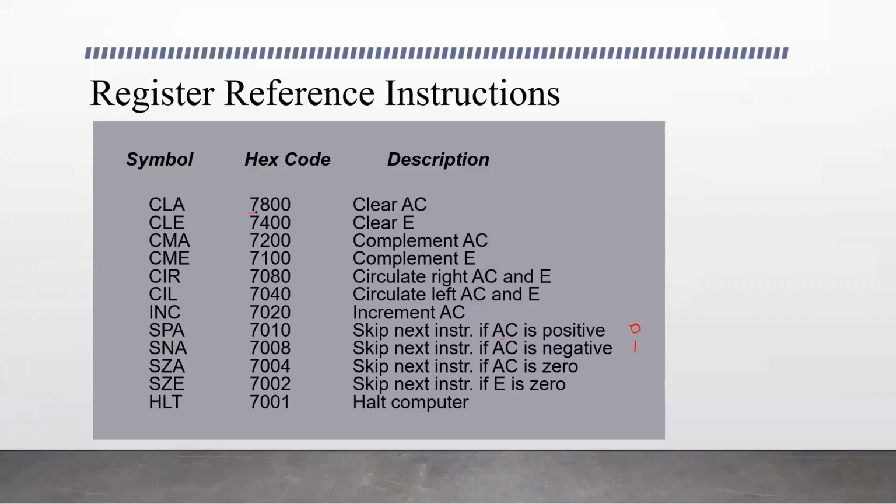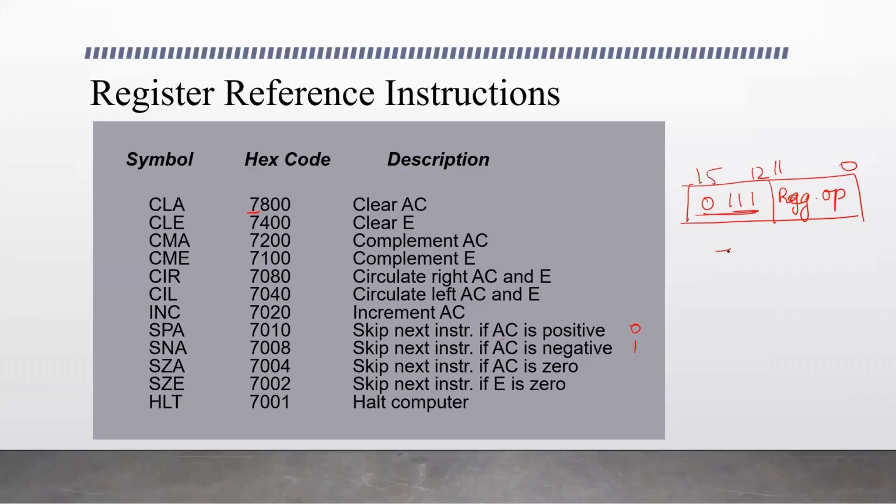Here the last bit is 7, right? If you see the instruction code for register reference instructions, bits 0 to 11 are the register operations to be performed. And this is the opcode, bits 12 to 14, and the 15th bit is I, here it is 111 and 0. And 0, 1, 1, 1 is given as 7 here.